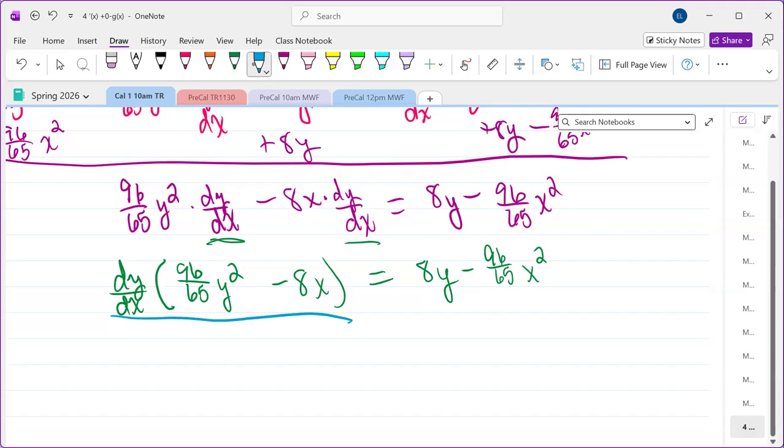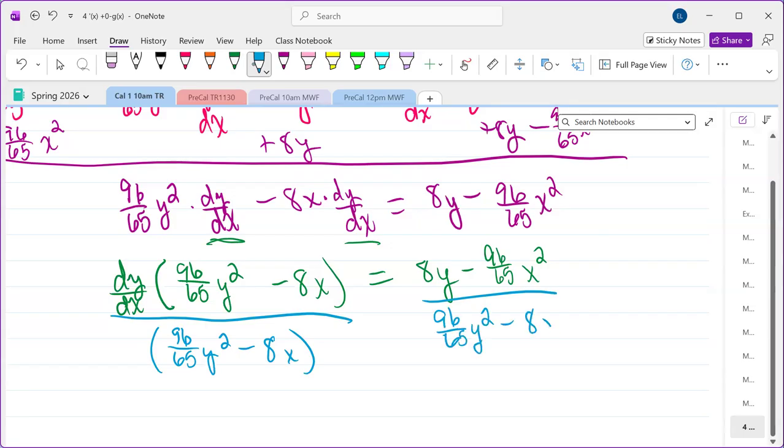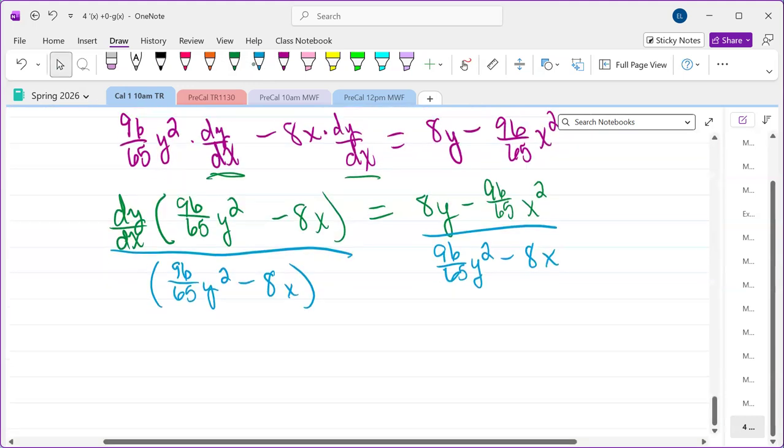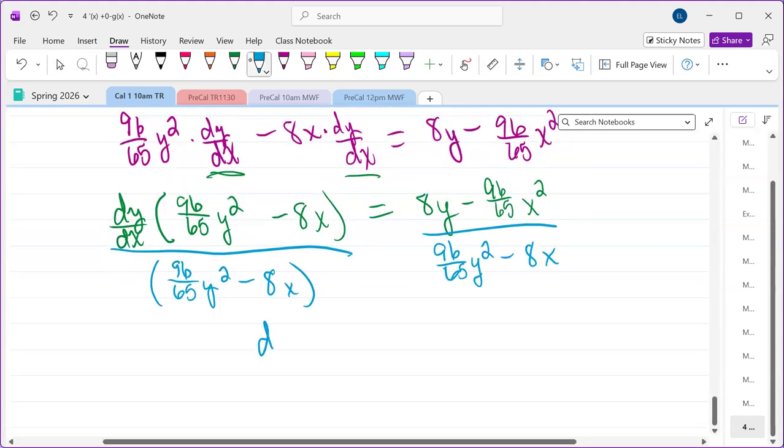We divide by the rest. So we now have a formula for dy dx.